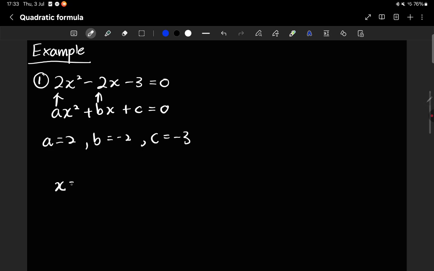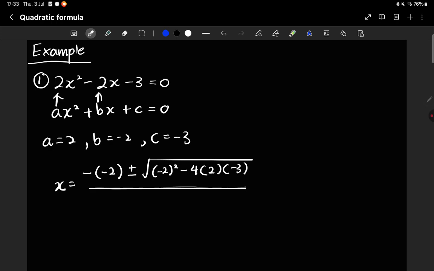The roots will be negative b, and our b is negative 2, so we sub it in there, plus minus the square root of b squared minus 4, where our a is 2 and our c is negative 3, over 2, and our a is 2.